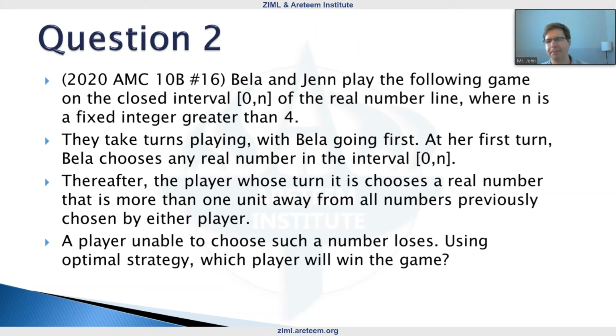Bella picks a number, and then they alternate picking numbers, but every turn, each number has to be more than 1 unit away from all the numbers chosen previously by either player. So think of it as you pick a point, but then that X's out a whole interval that is now not allowed.